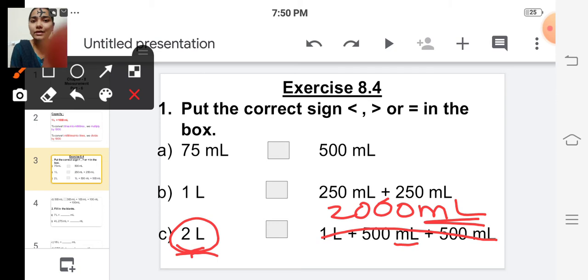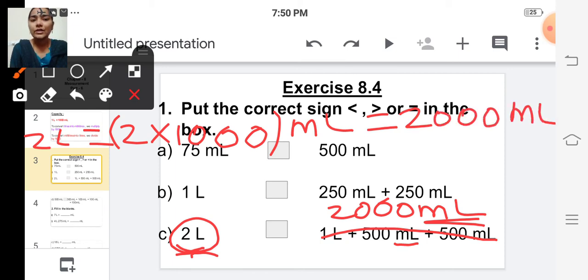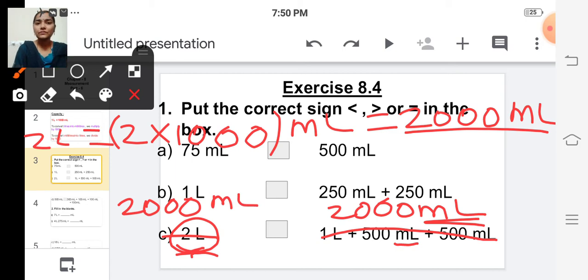So 2 liter is equal to 2 into 1000 milliliter, which is equal to 2000 milliliter. So instead of 2 liter, we can write 2000 milliliter. Okay. So now both the units are same, so now we can compare.